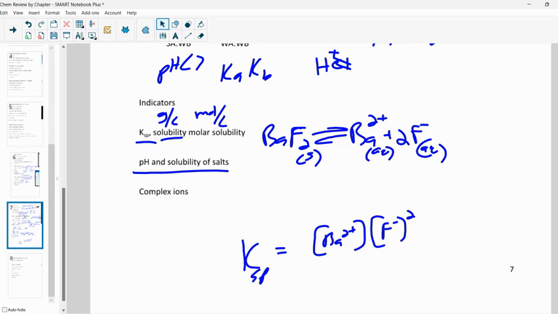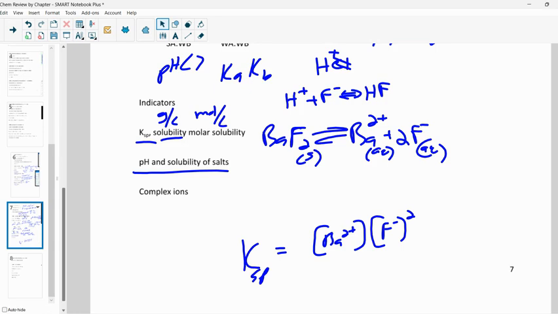Why? What can these H pluses do? Those can react with F minus, and I'll put a double arrow, to form HF. We know HF is a weak acid, so by putting the acid in there, H pluses and F minuses will come together.